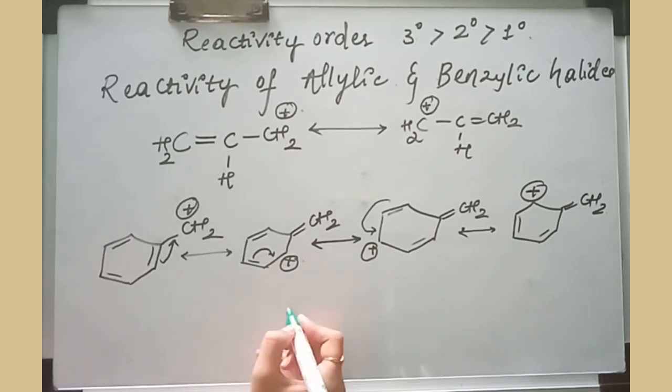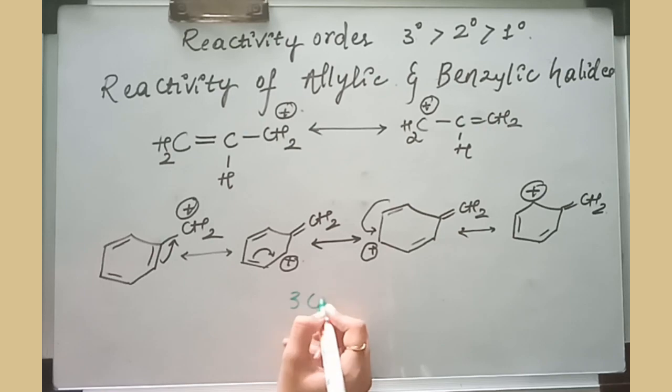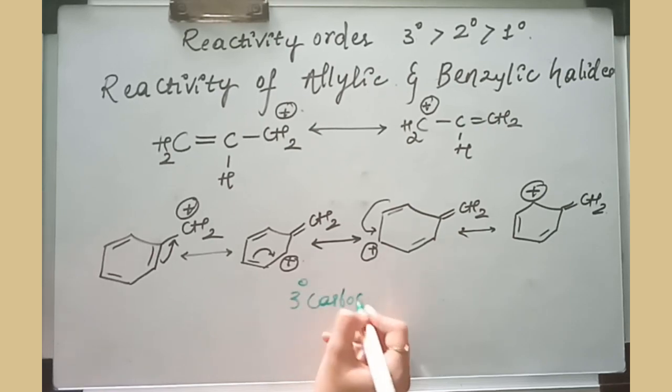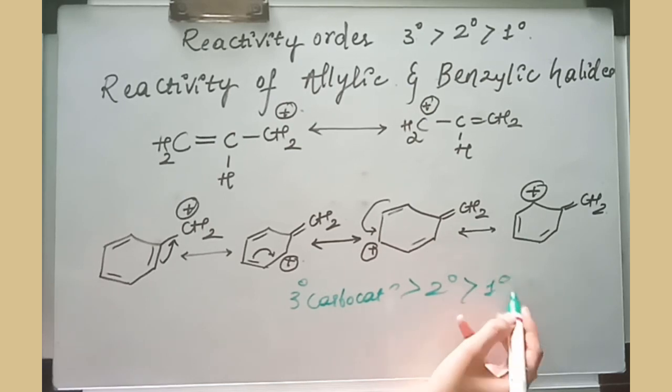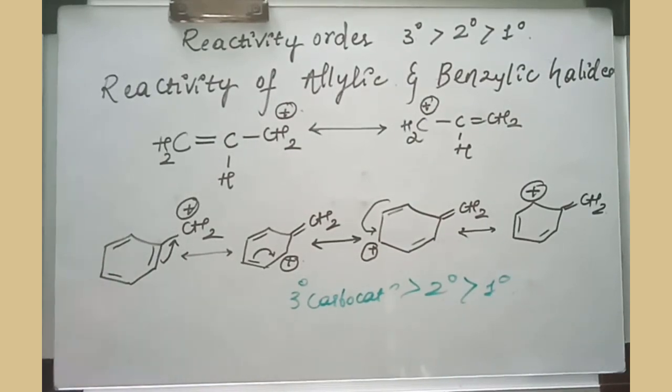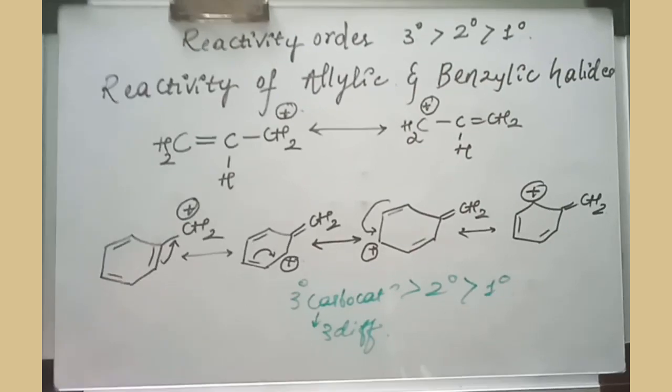You know that among carbocation intermediates the tertiary carbocation is the most stable, then the secondary carbocation, and then the primary carbocation. As a result, this is the reactivity order. Tertiary is more stable because it has three different alkyl groups acting as electron donating groups, making this carbocation intermediate stable. Then secondary, and then comes the primary.